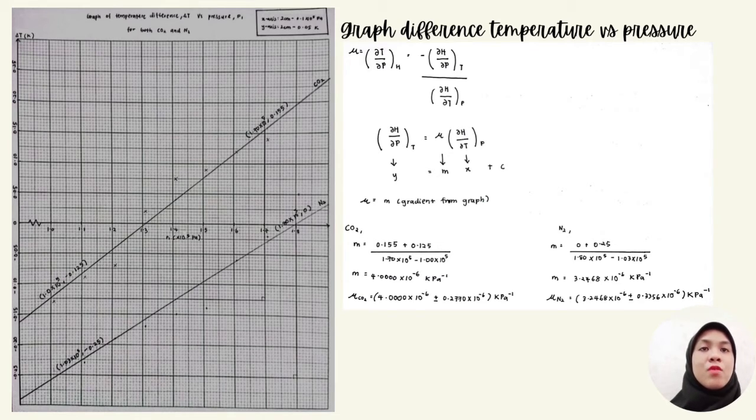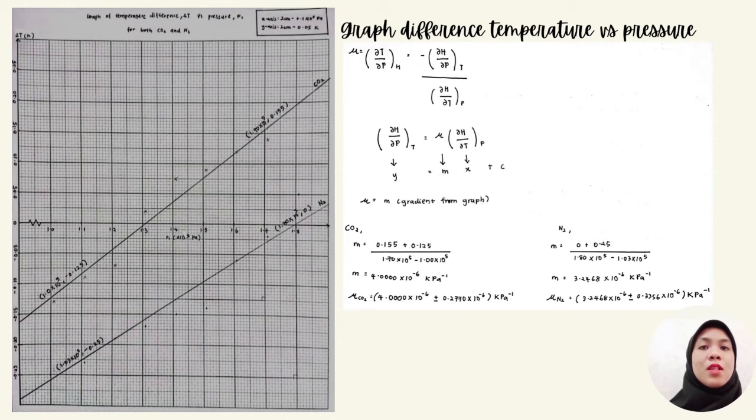From the equation given, we know this experiment is a constant enthalpy process. So the Joule-Thomson coefficient can be defined by the equation.